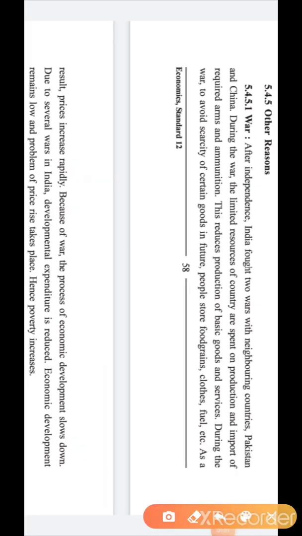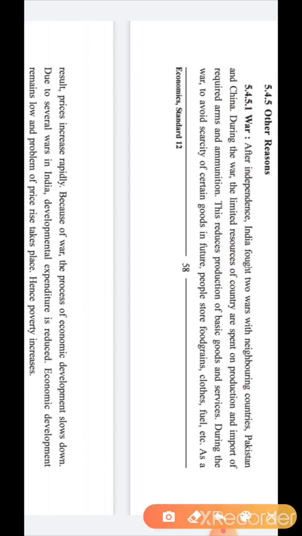Now we are going to discuss the other reasons for poverty. The first is war. After independence, India fought two wars with neighboring countries, one with Pakistan and the other with China. During the war, the limited resources of the country were spent on production and import of required arms and ammunition.